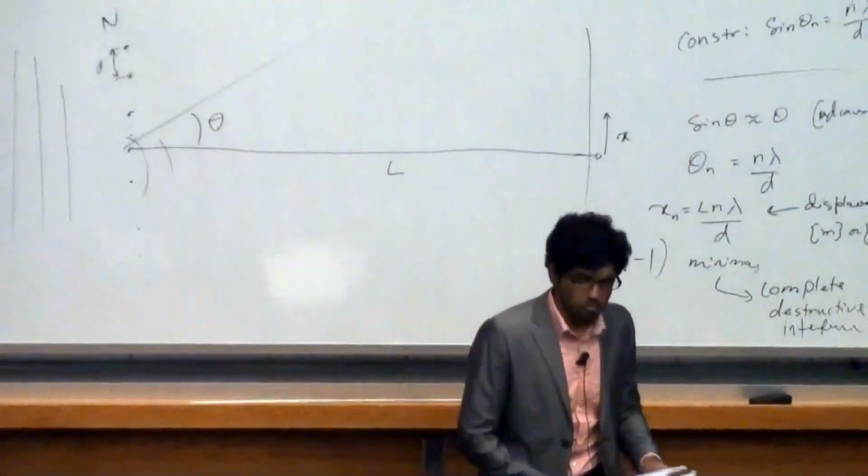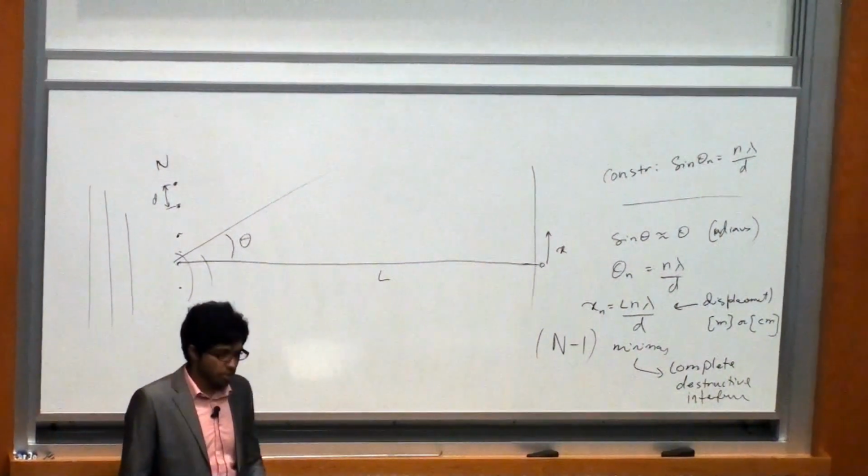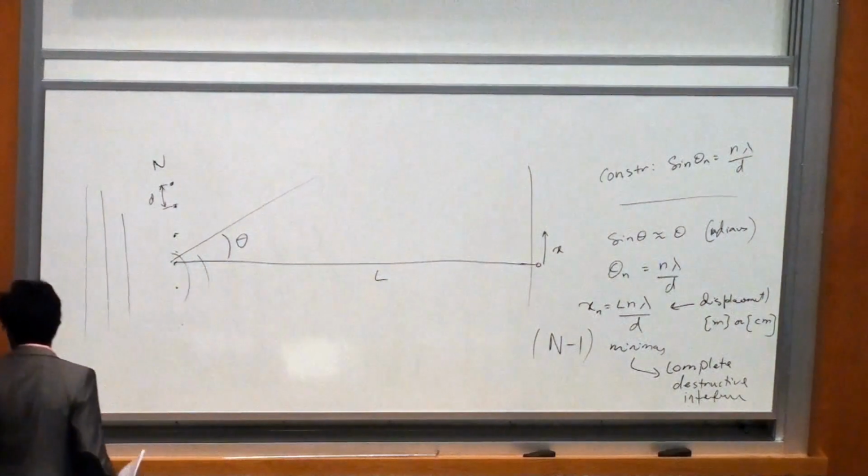We'll meet back here. So far we looked at multiple gratings. In the last lecture we looked at 2 gratings or 2 slits. Now we looked at multiple slits. Let's look at the interference pattern if we have 1 slit.